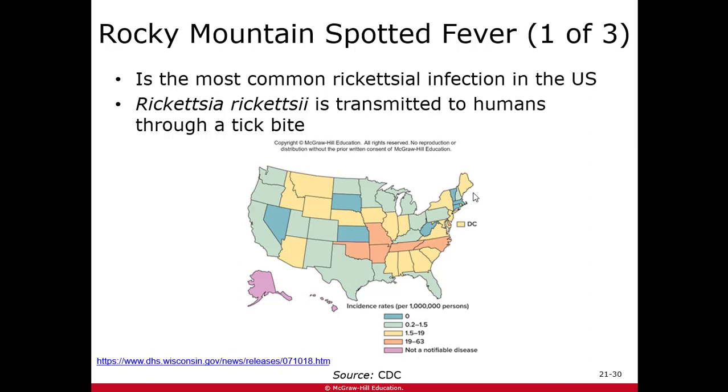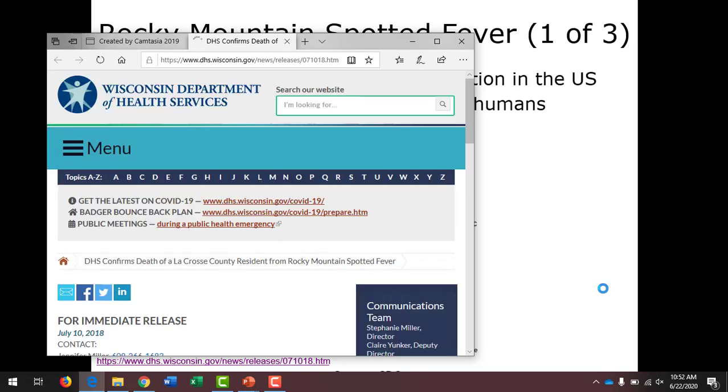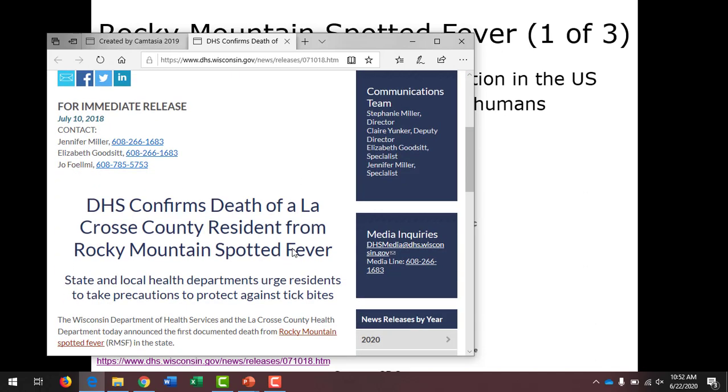And yes, we do have occasional cases here in Wisconsin. Really rare, however, especially locally. It was in 2018, if we can bring this link up, that La Crosse County had our first case of Rocky Mountain spotted fever. Again, pretty rare around here, but someone picked it up.